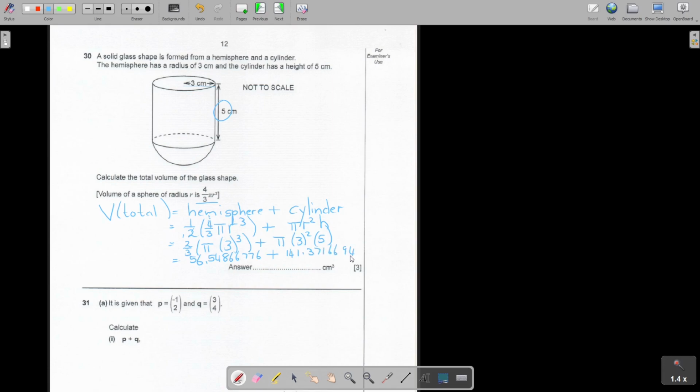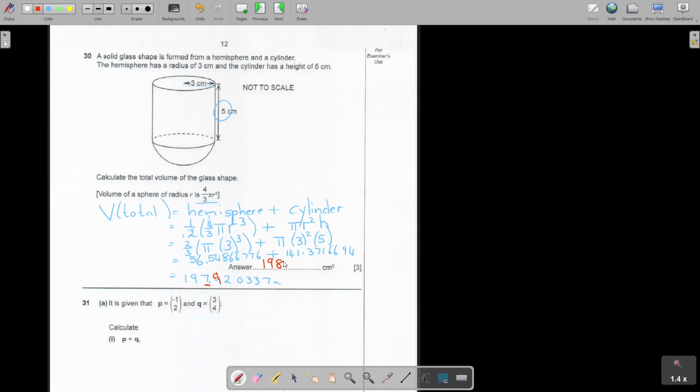And can you remember they said first write down the full calculator display, and that was 197.9203372. But if I approximate it to 3 significant figures, that was a 9, then it was 198.